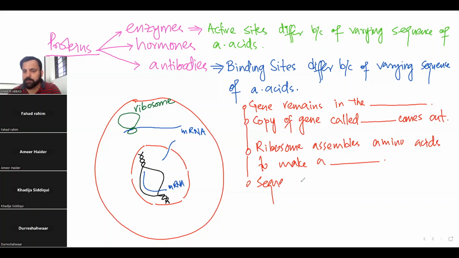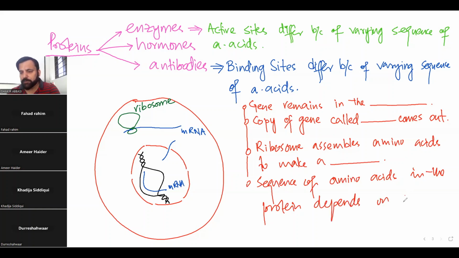The sequence of amino acids in the protein depends on the sequence of bases in mRNA. Right? So let's fill them up. Gene remains in the nucleus. Copy of gene called mRNA.